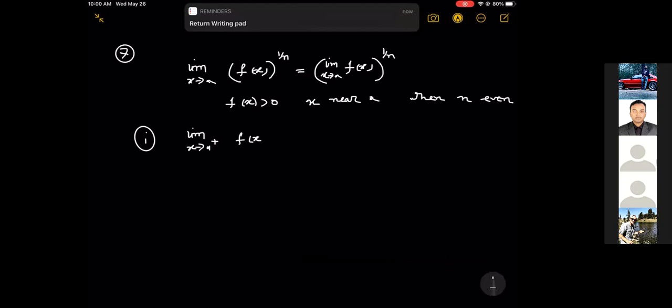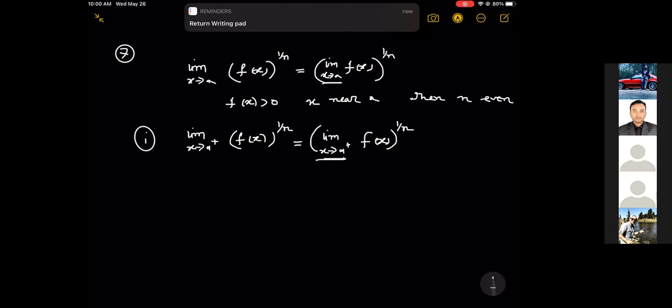And f of x is this. We have the root. So you can see we are doing the same thing, just we have changed it from x tends to a to x tends to a plus. That means we are calculating the right-sided limit, nothing else. But you will see the condition will get changed.